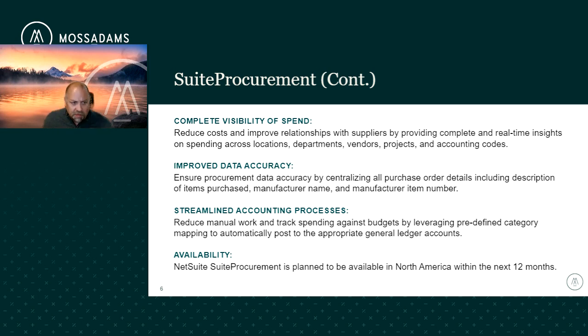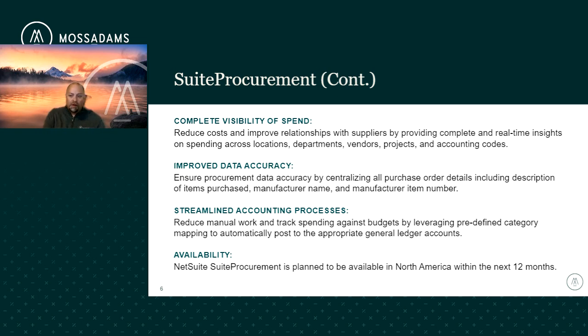Obviously, this sort of system can improve your data accuracy, ensure that your procurement data is accurate, centralize the purchasing with all your purchase order details, descriptions, items purchased, all the manufacturer names, etc., through the process. And then, of course, we're looking to streamline the accounting process on the back end, right?